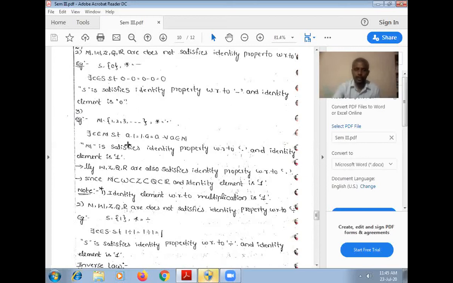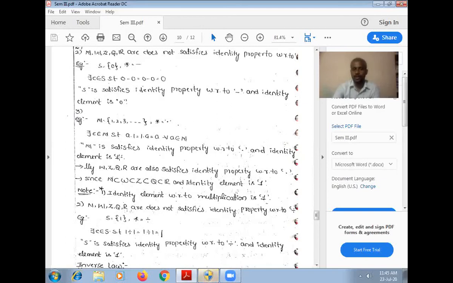You can multiply with another element other than 1. When we multiply with some element other than one, 11 into 2 equal to how much? 22, and 2 into 11 equal to 22. But here we are getting a different value. 22 is a natural number, but what we need is A star E equal to E star A equal to A, the same value.